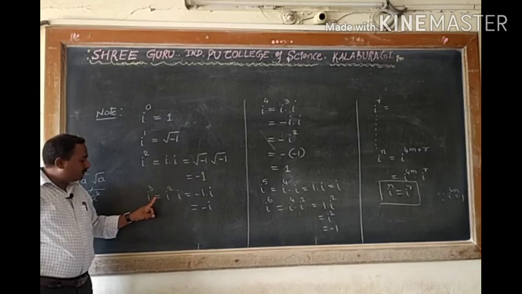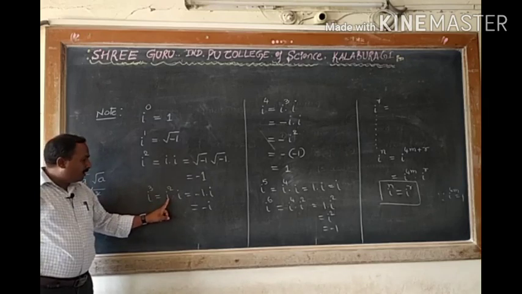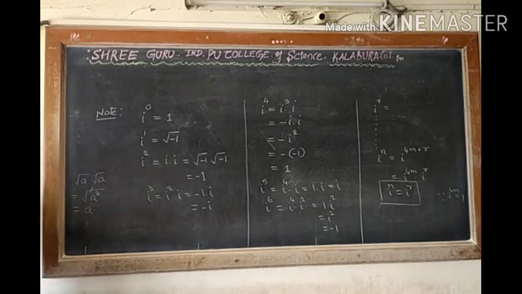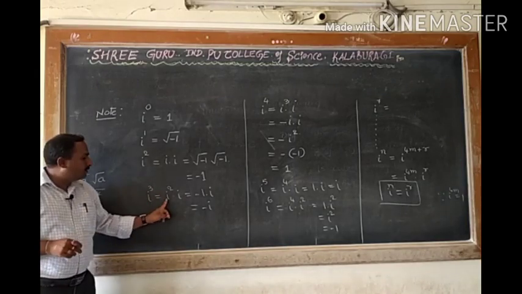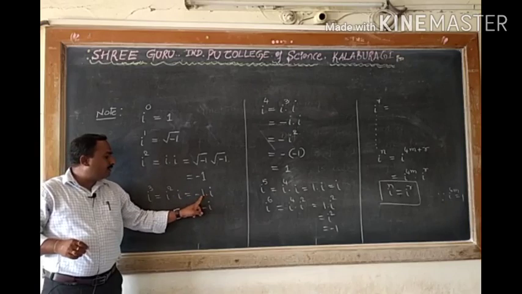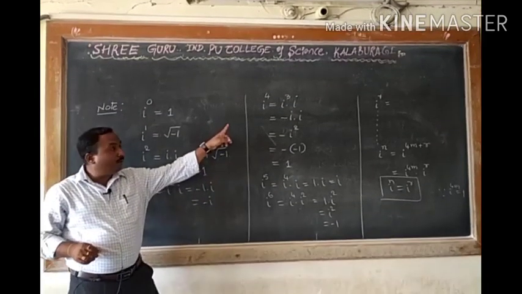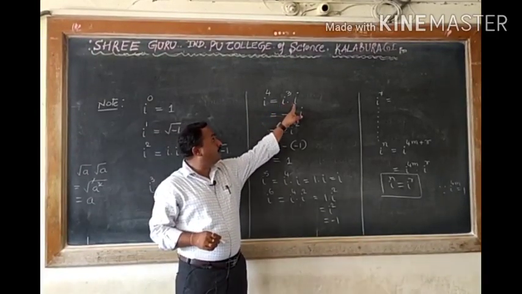i cubed is i squared into i. The value of i squared is minus 1, so minus 1 into i is minus i. Next, i to the power 4 is i cubed into i.